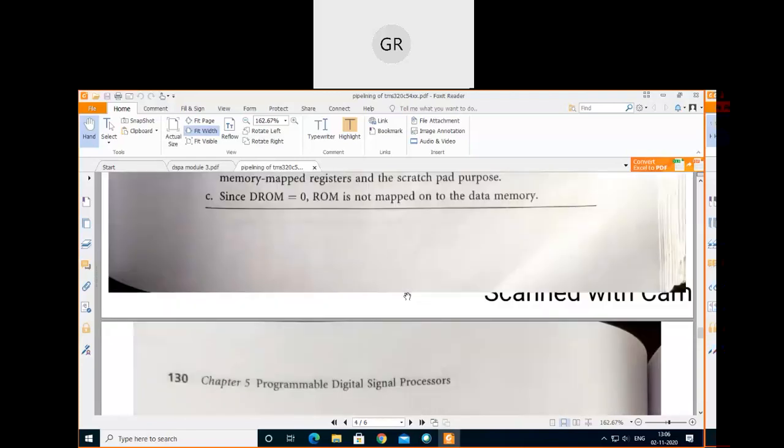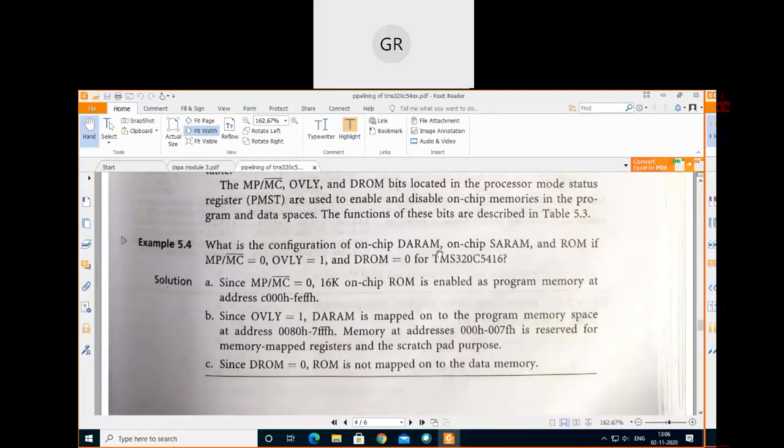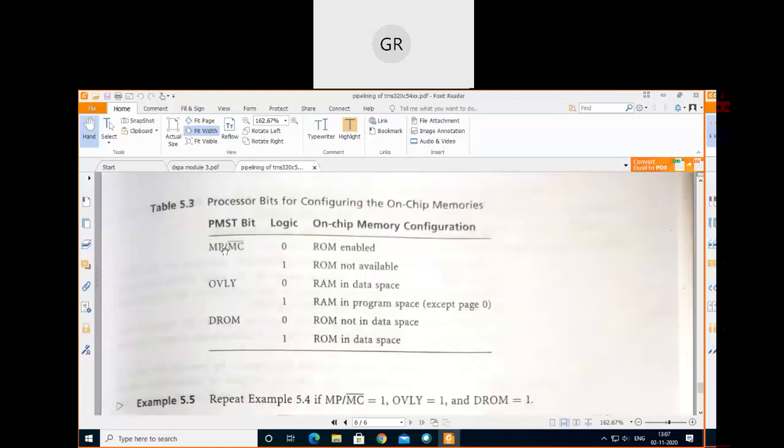Okay, one example we will discuss here. What is the configuration of on-chip DRAM, on-chip SARAM and ROM if MP/MC bar equal to 0, OVLY equal to 1 and DROM equal to 0? See here, MP/MC bar equal to 0 means ROM is enabled.